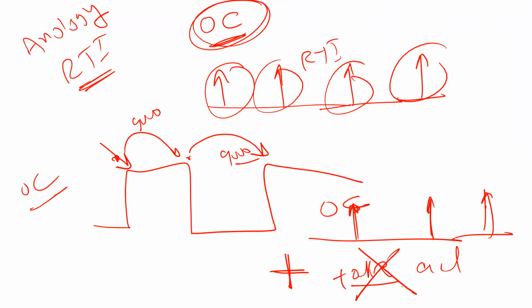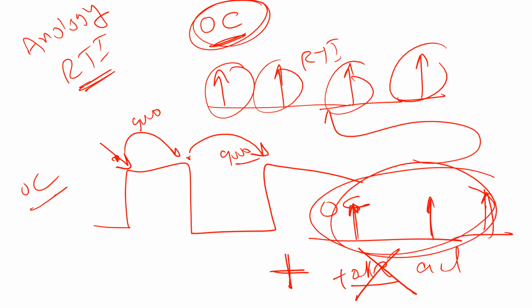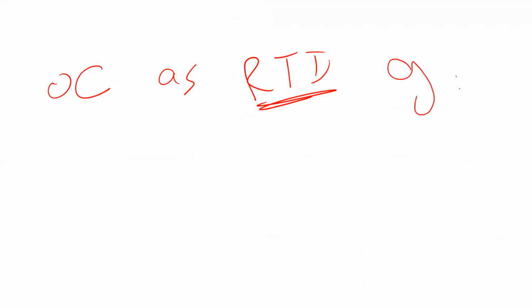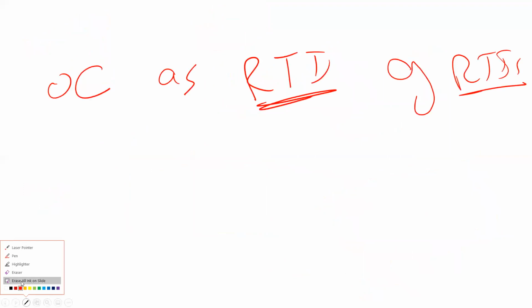That means I can use output compare as RTI. Very, very interesting, because we have only one RTI. Now you can have up to 9 RTIs. Wow, great. You got what I'm saying? But how can you do that? I'm going to tell you how.